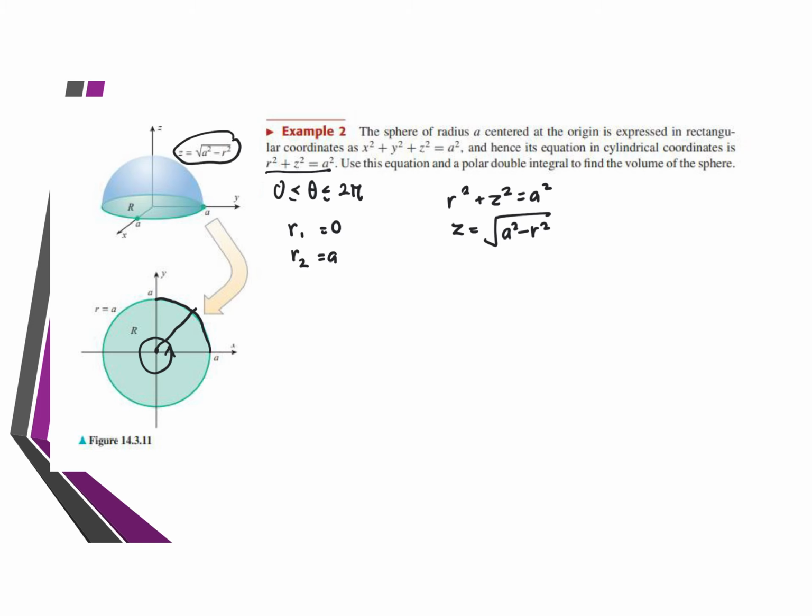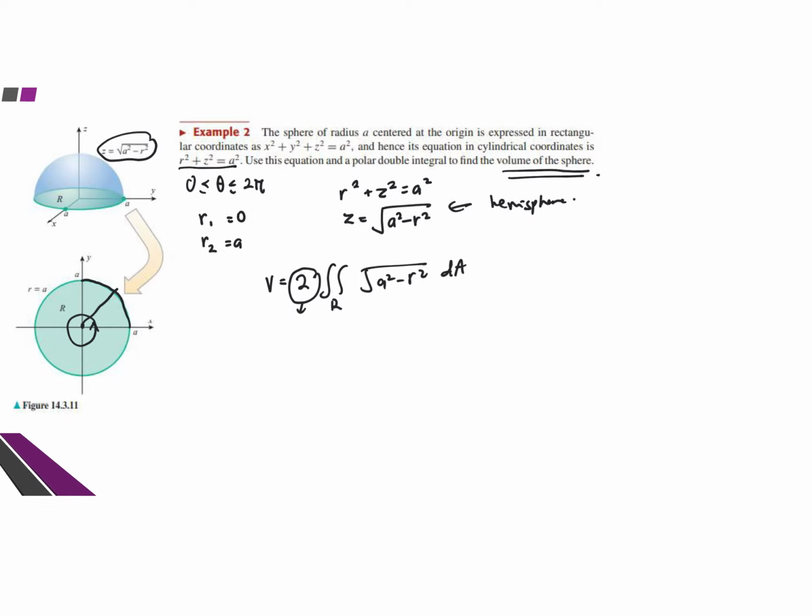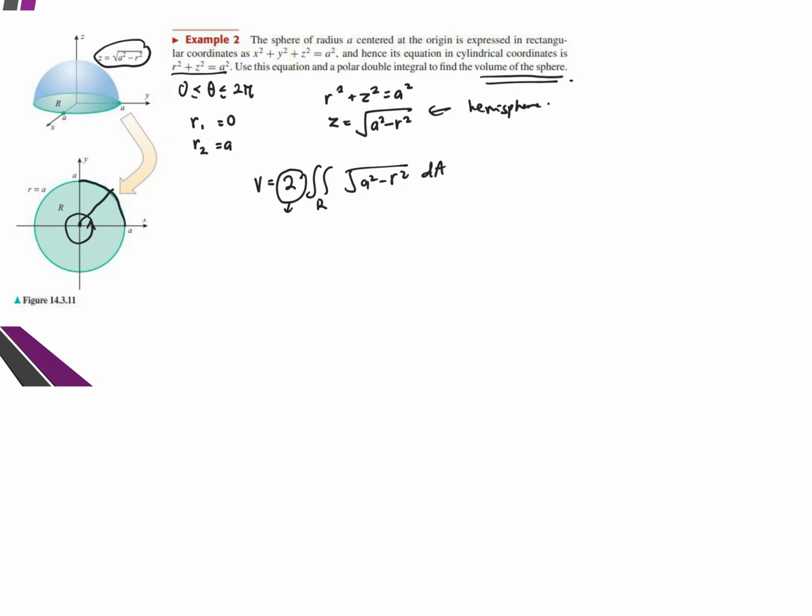So we write the equation. We will have V is equal to 2 double integral of square root of a square minus r square dA. Why is it 2 here? Because we need to find the volume of the sphere, and this one is the hemisphere.